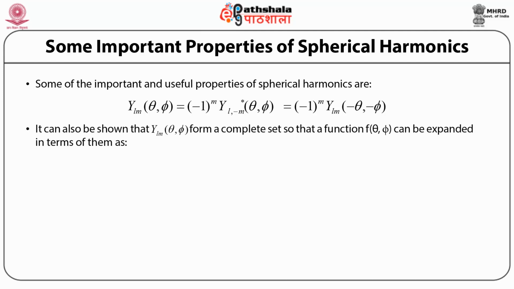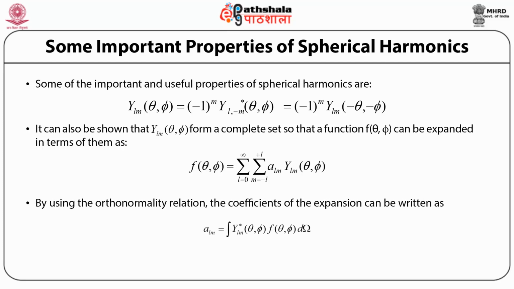It can also be shown that Ylm of theta phi form a complete set so that a function f of theta phi can be expanded in terms of them as f of theta phi is equal to summation L going from 0 to infinity, summation m going from minus L to plus L, Alm Ylm of theta phi.